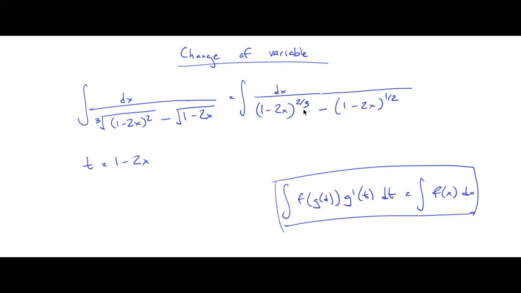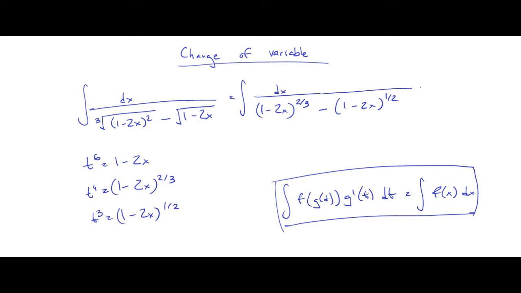So one way to do it is, for instance, to choose the common multiple of 3 and 2, in this case 6. So if t to the 6th is 1 minus 2x, that means that (1 minus 2x)^(2/3) is t to the 4th, and (1 minus 2x)^(1/2) is t cubed, right?